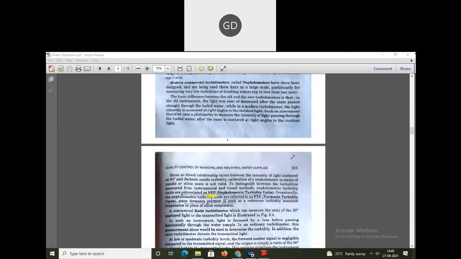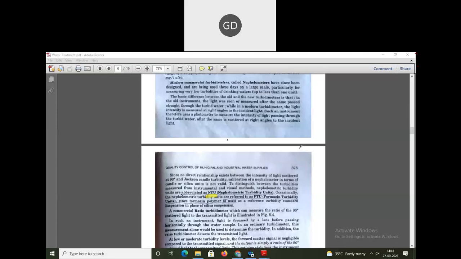To distinguish turbidities measured by the instrumental method from the visual method, the nephelometric turbidity units are abbreviated as NTU. The NTU can sometimes be referred to as FTU. FTU is the same as NTU, but here the F stands for formazine. Formazine polymer is used, and hence it is termed FTU.